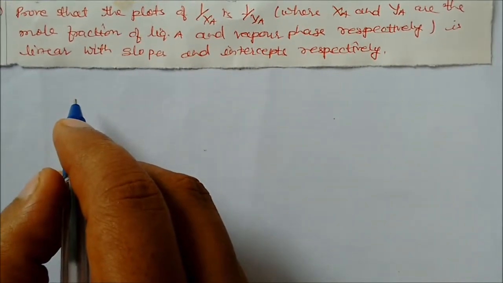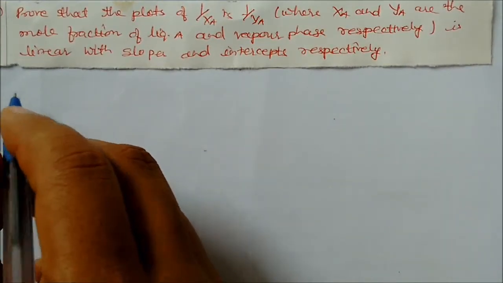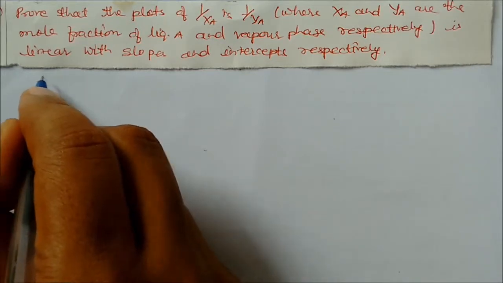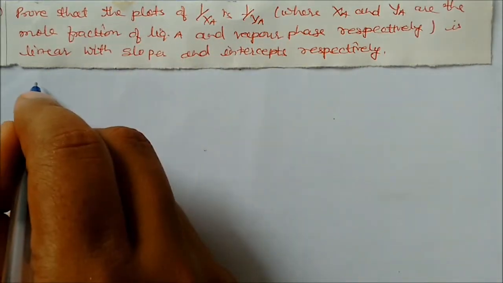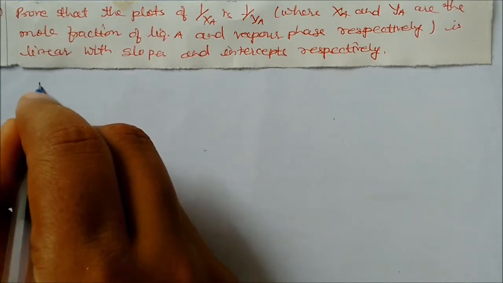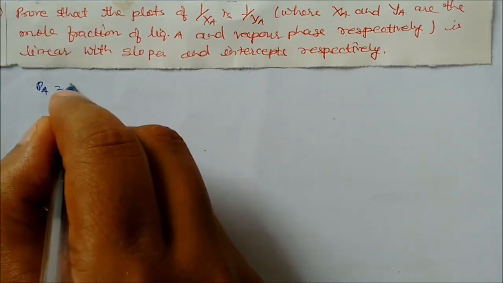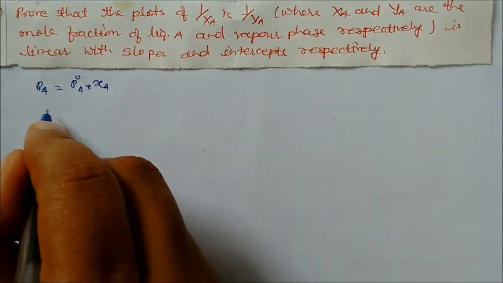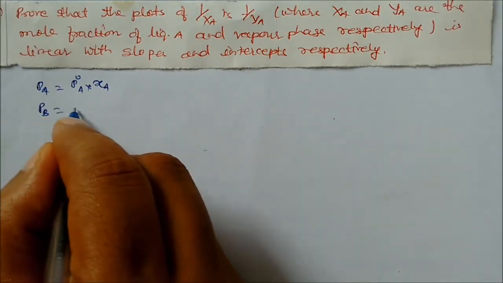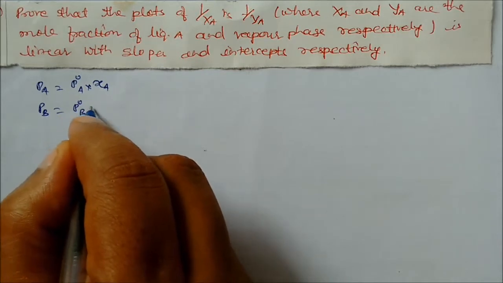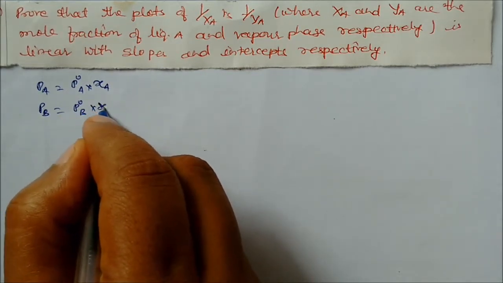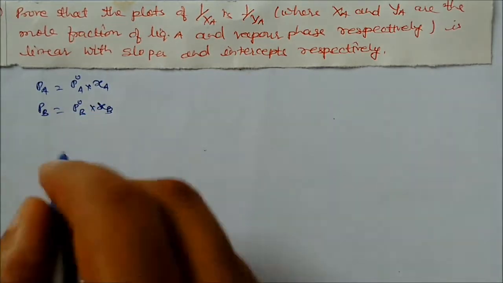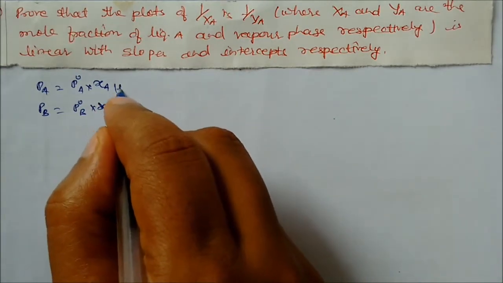So we take the equations of Raoult's law for XA and XB. For solution A, the partial pressure of A according to Raoult's law is P naught A into mole fraction XA. Similarly, partial pressure of B is equal to P naught B into XB. So this is the mole fraction in the liquid state.